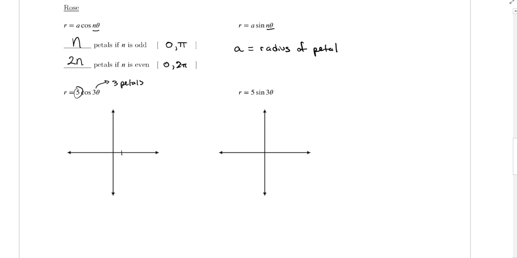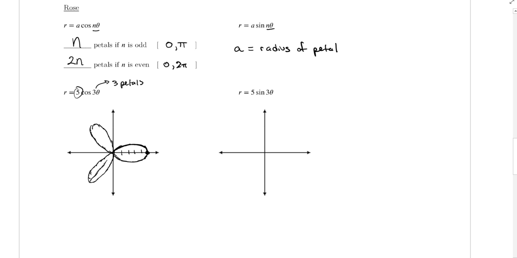For the cosine ones, 1, 2, 3, 4, 5, we actually first create this part of the first petal right there. Goes up and around, and then for the 3 petals, goes down here and comes back up and then goes into the second quadrant where it comes back through the pole and finishes making our petal.